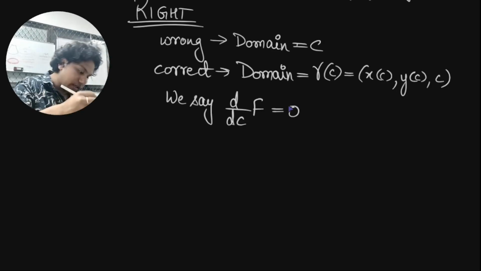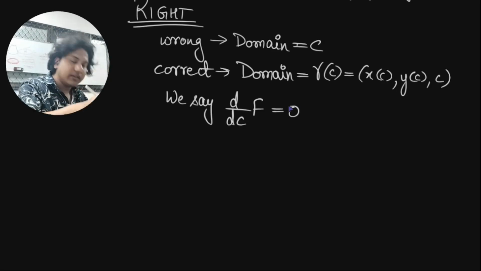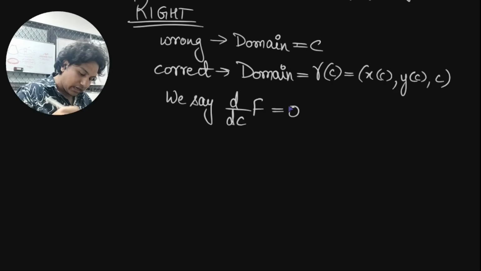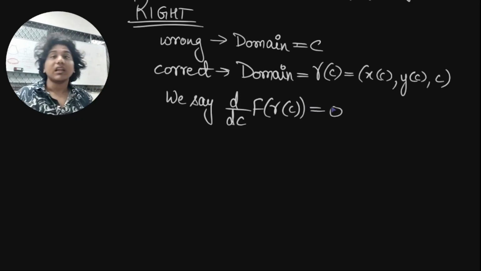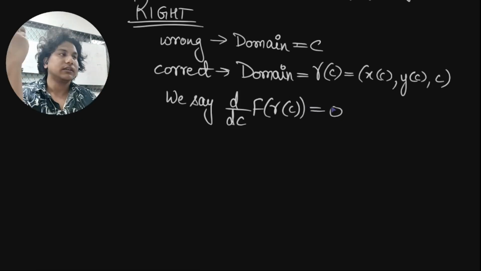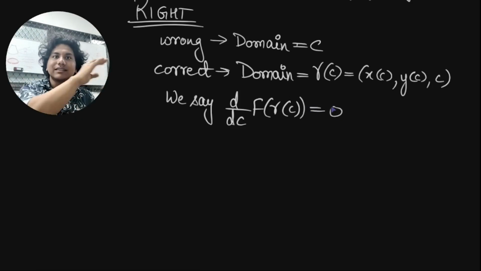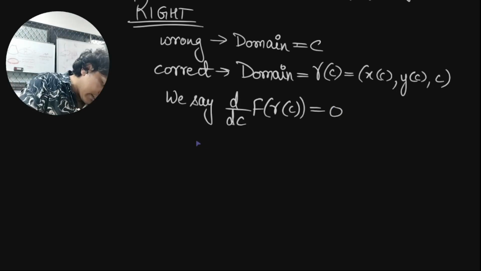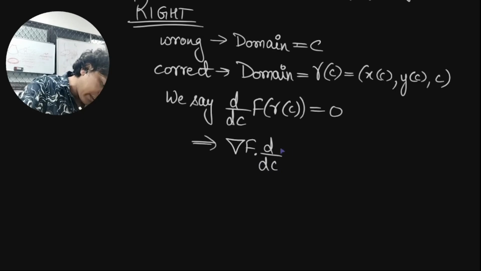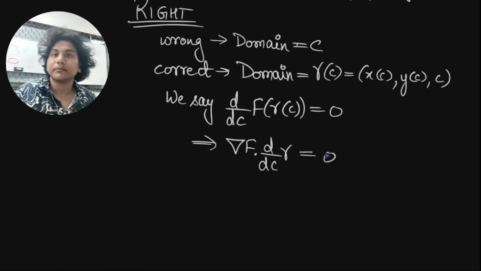Now what we can do is that because f is a function of gamma, I can rewrite this as the derivative of f of gamma of c equals zero. Now, if we open up this function, we can actually write this as a gradient of f and the derivative of gamma, right? So this would imply that the gradient of f dotted with the derivative of gamma is equal to zero.